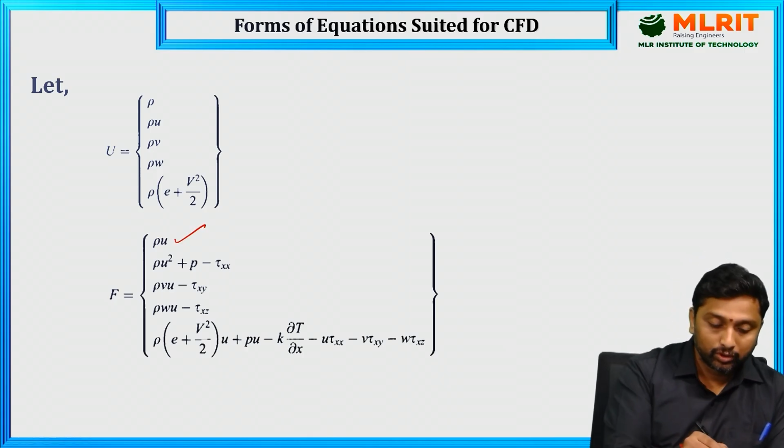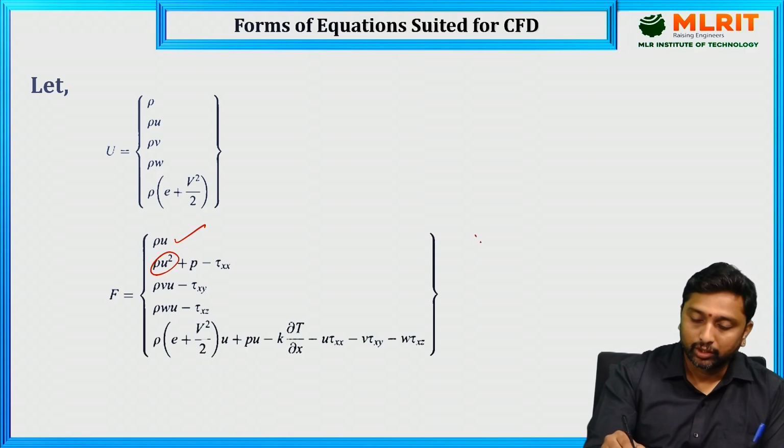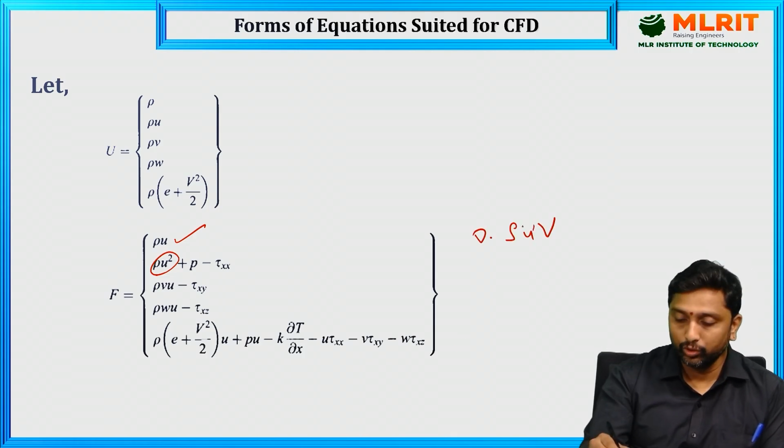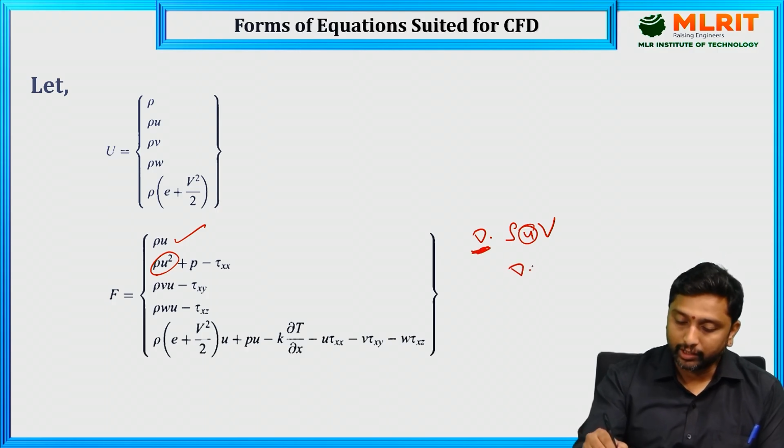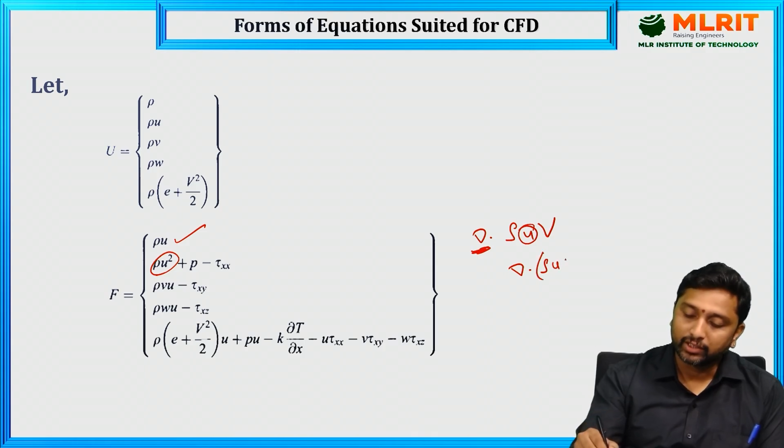Rho u, this represents divergence of rho u u. So here u is the component, so you are not going to discuss that. Your LHS was having divergence of rho u, so I can write it as divergence of rho u into v as u: rho u plus rho u v plus rho u w.